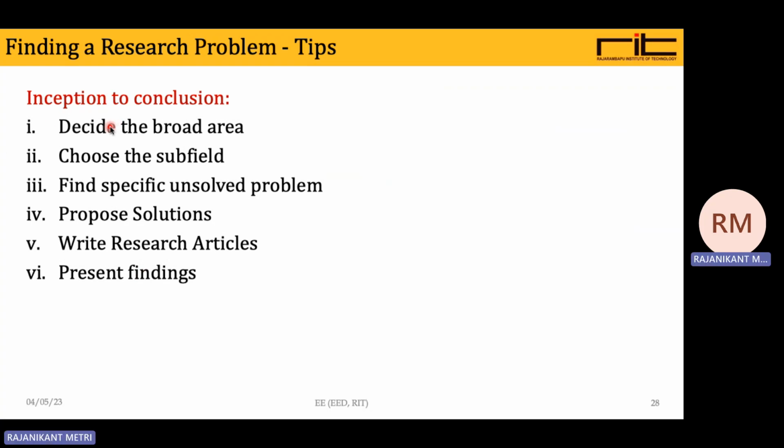Just decide on the broad area on which to work, whether it is complex networks or communication, whether you want to work on the electric vehicle section, or you want to work on the microgrid, whether it is AC microgrid, DC microgrid, or you want to work on drives or battery management system. So these are various broader areas, and this is the first step.